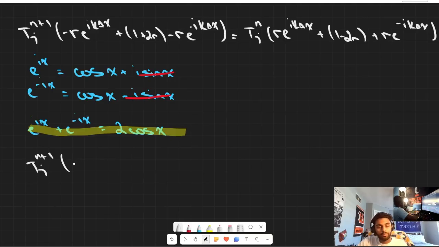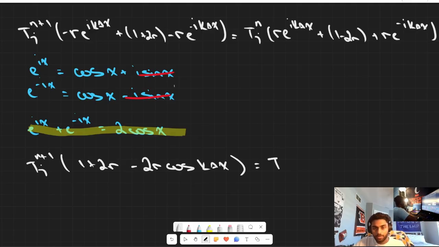Let's just say 1 plus 2R minus 2R cosine of k delta x, equal to the other side.